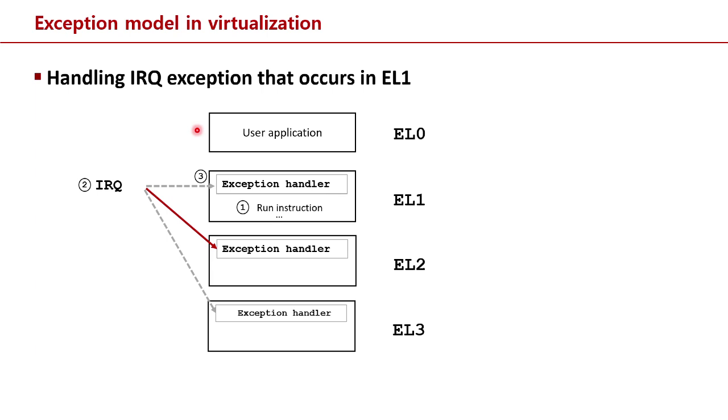That job can be done by the hypervisor. Right after the hypervisor identifies that interrupt, another responsibility of the hypervisor is to propagate that interrupt to the appropriate guest OS. This kind of operation can be seen when you take a look at the source code of a hypervisor.